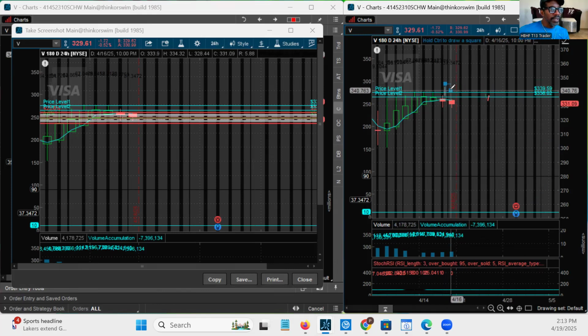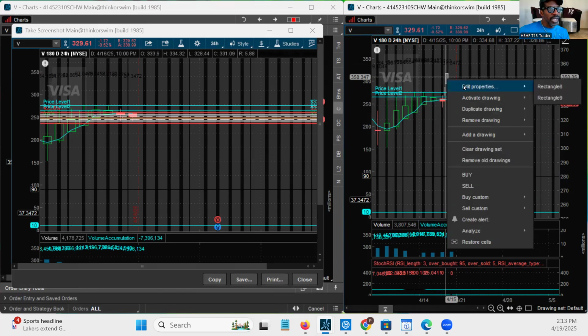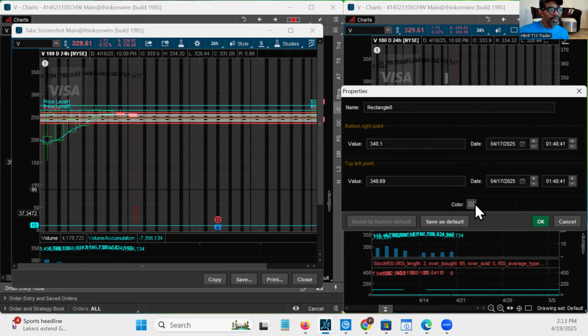It's going to start creating these candles. Let's change it. Let me see if you can see it though. Let's edit. Let's make it white. Is that better?